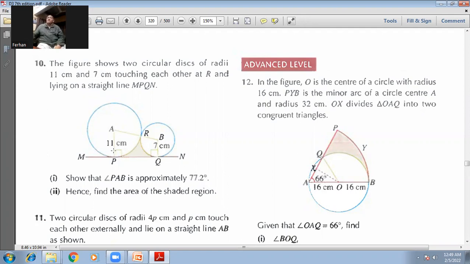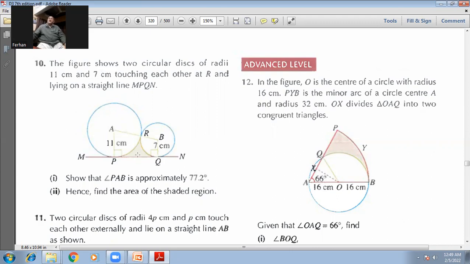Okay. So the strategy of finding the area of the shaded region in this shape is very simple. You can see this is the trapezium. This side is 11, which is also the radius of the big circle. This side is 7, the radius of the small circle.